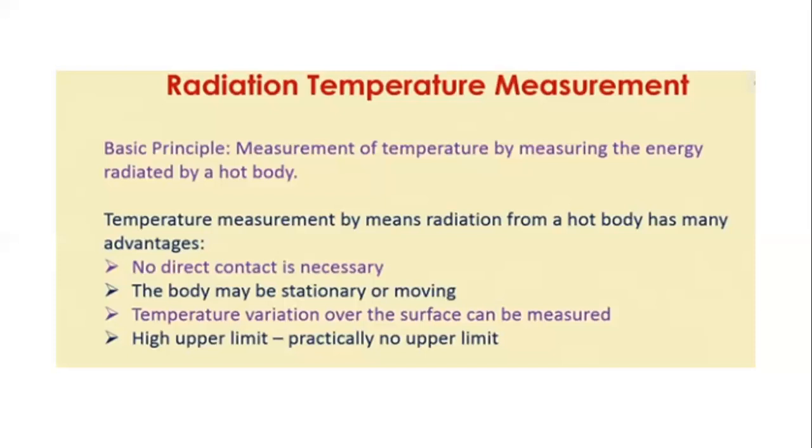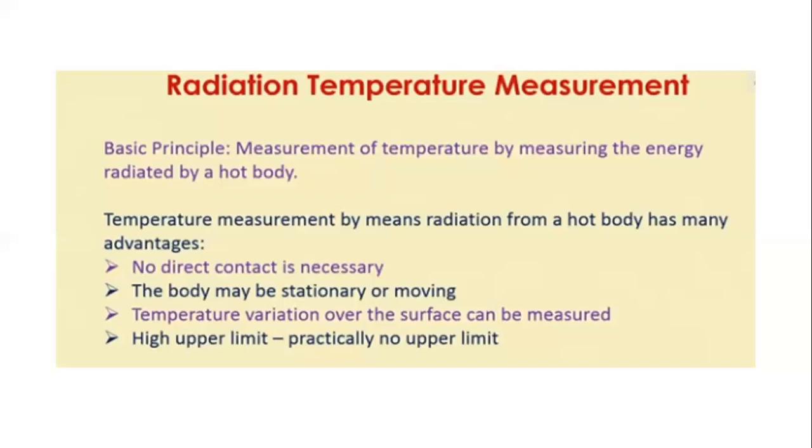And the main reason why we use radiation to measure temperature is that for any body above 650 degrees Celsius, the heat radiation emitted from the body is of sufficient intensity to be used for measuring temperature.